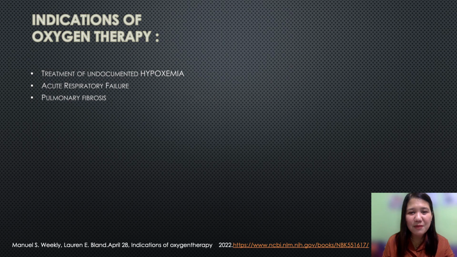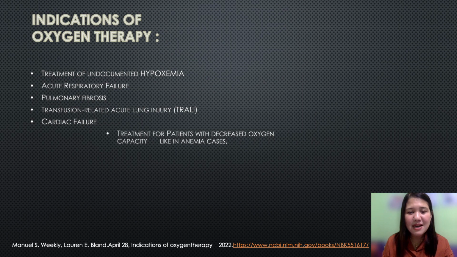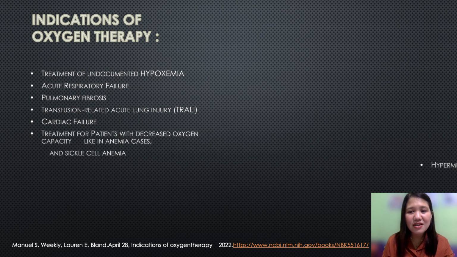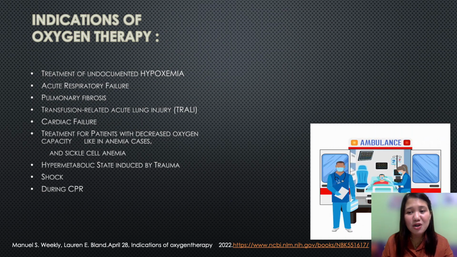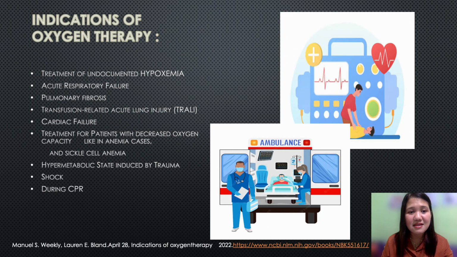Sixth, treatment for patients with decreased oxygen carrying capacity, like in anemia cases and sickle cell anemia patients. Seventh, hypermetabolic state induced by trauma. Eighth, shock. And ninth, during CPR. Actually, there are many indications for oxygen therapy, and those mentioned earlier are the most common disorders or illnesses that I have encountered.